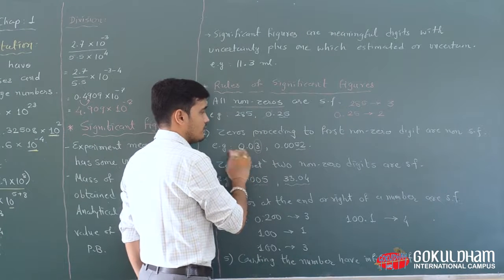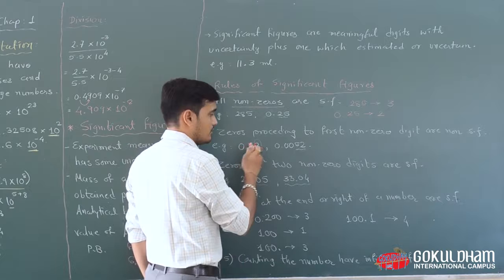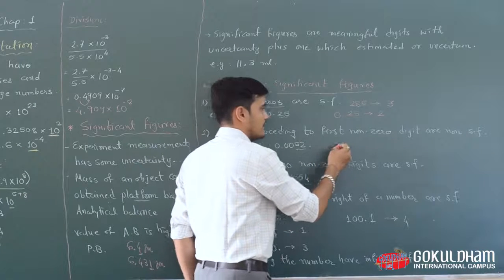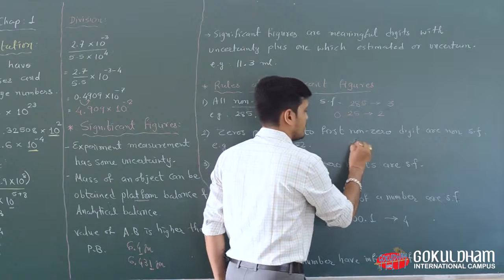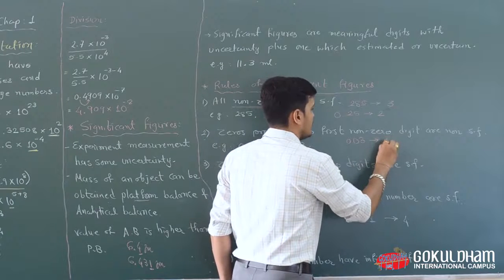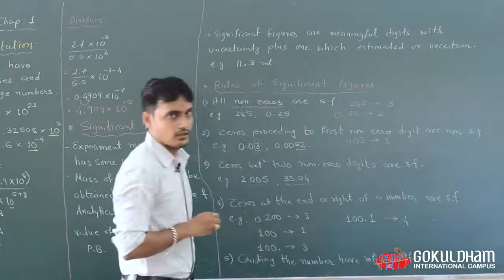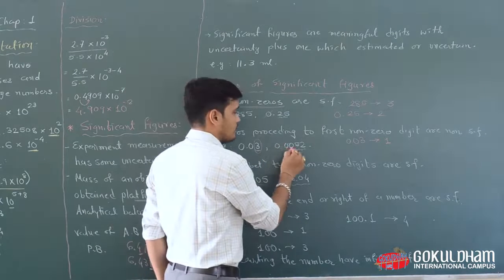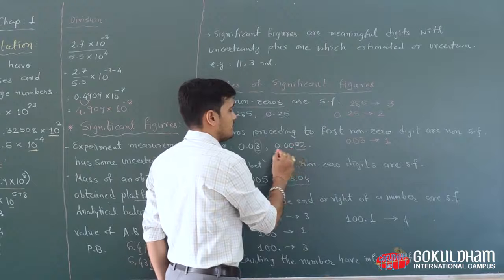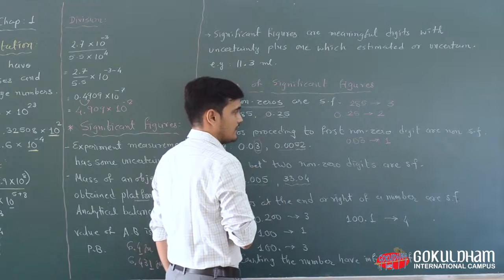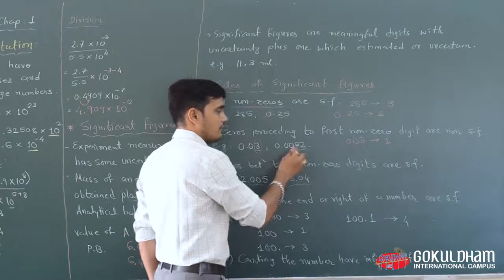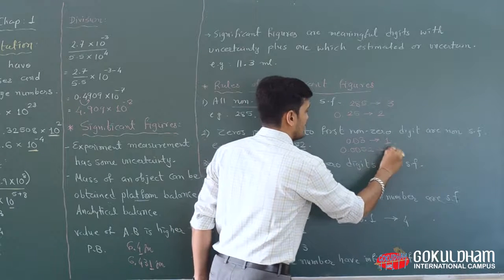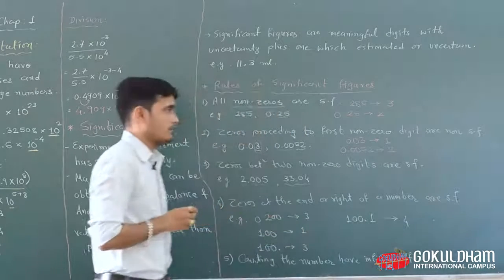Those zeros are preceding our digit 3, so these 2 zeros will not be considered as significant figures. So 0.03 is taken as one significant figure, and in 0.0052, these 3 zeros will not be considered as significant figures. So our final answer is 0.0052 contains 2 significant figures.